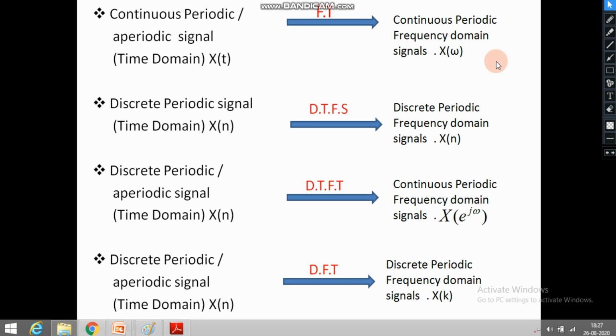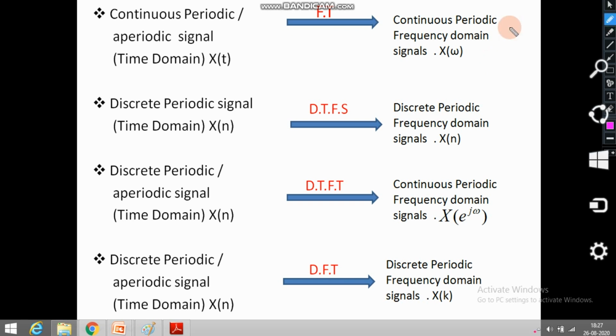The continuous time Fourier transform and the continuous time Fourier series deal with continuous signals. The continuous time Fourier series only deals with continuous periodic signals, and converts a continuous periodic signal in the time domain to a continuous periodic signal in the frequency domain.